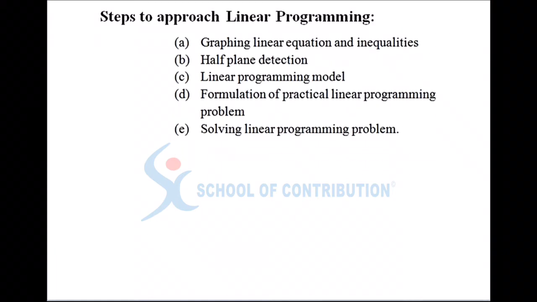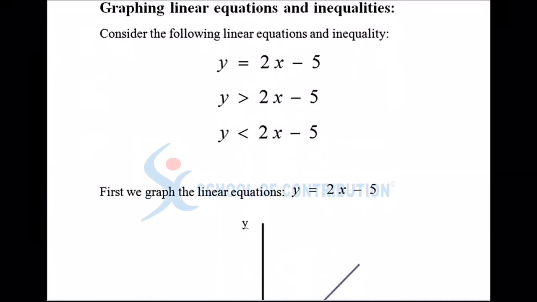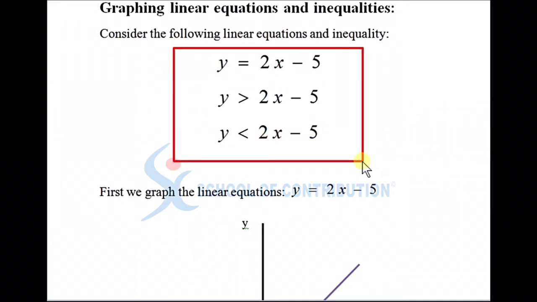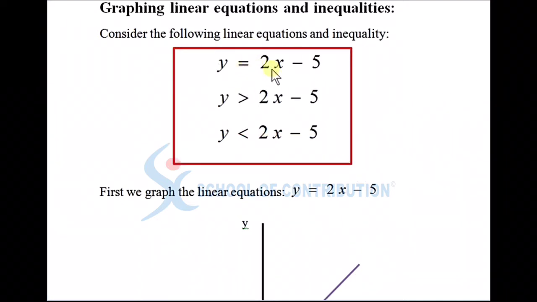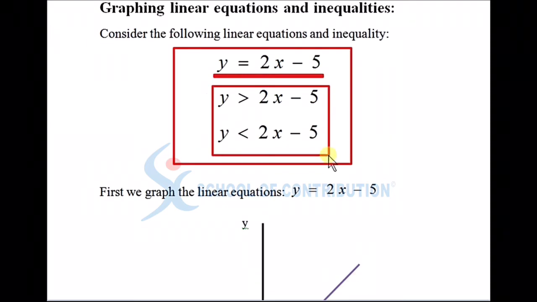So at the very beginning, we learn how to graph linear equations and inequalities. For this purpose, we have outlined two linear inequalities and one linear equation. So first is the linear equation, and the rest of the two are linear inequalities. As we see here, y is a dependent variable, x is an independent variable, because this is the functional relationship between y and x.